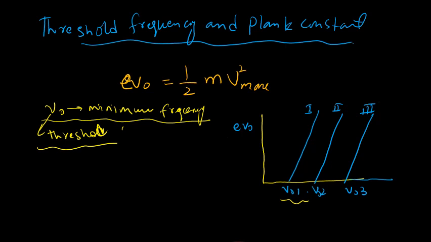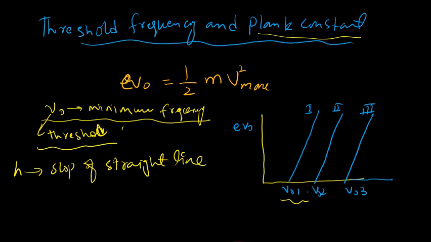Now it comes to the Planck constant. What is the Planck constant? The Planck constant is equal to the slope of the straight line in the graph, so h is the slope of the straight line, and its value is h equals 6.57 into 10 to the power minus 34 joule second.